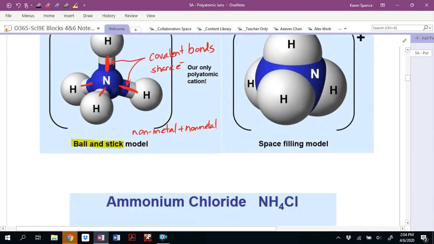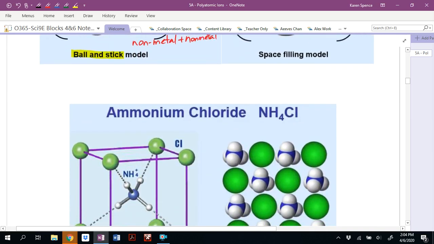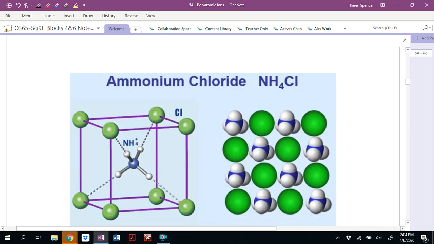Back down here to another ionic compound. Ammonium chloride is an ionic compound. It is made of the ammonium cation.